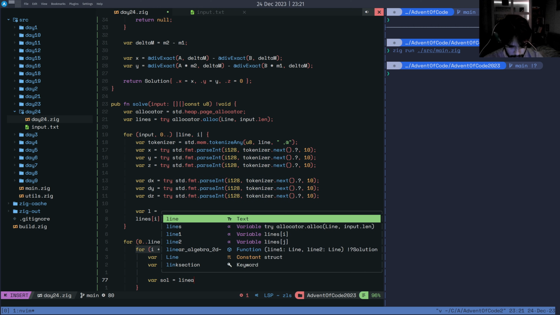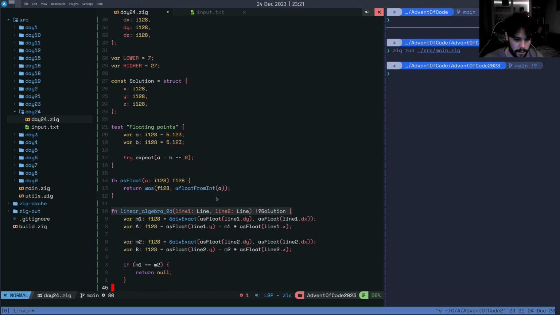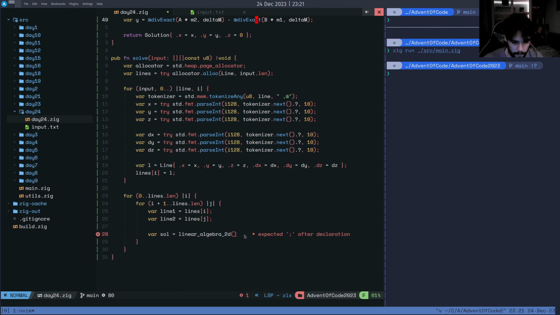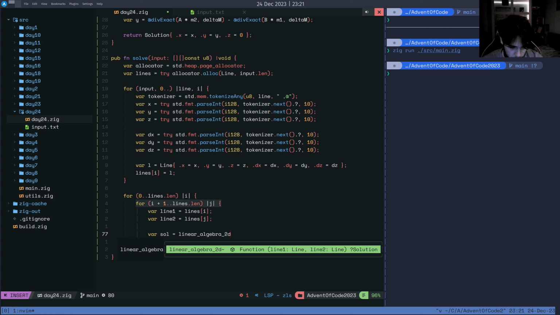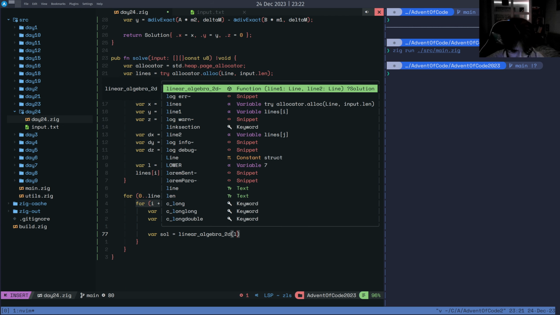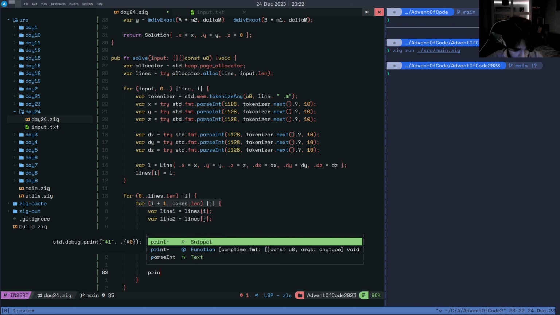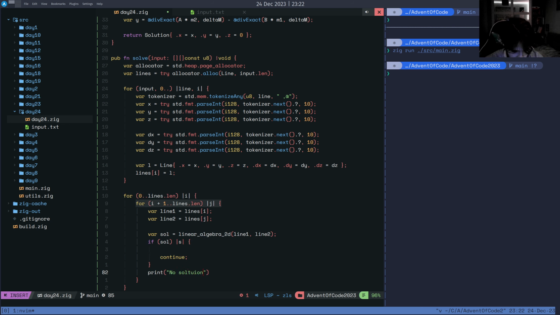Solution equals linear algebra 2D. Actually, it's not a try, so don't need any error handling there. Between line 1, line 2, if sol s, we'll do a continue, otherwise we print no solution.